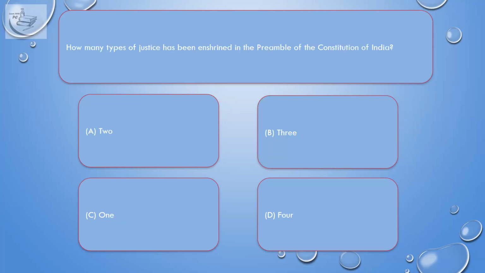Correct answer is B. Preamble of the Constitution. Question: How many types of justice has been enshrined in the Preamble of the Constitution of India? A. 2. B. 3. C. 1. D. 4. Correct answer is B. 3.